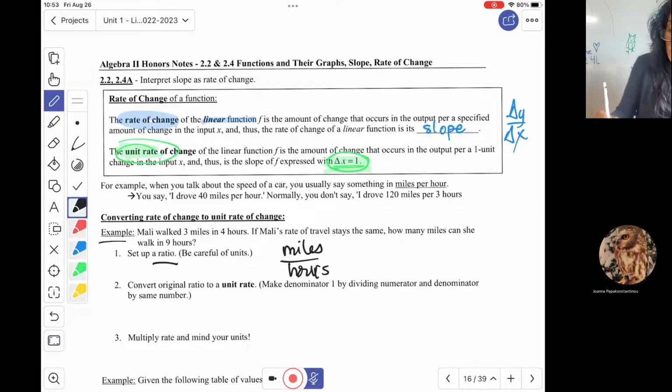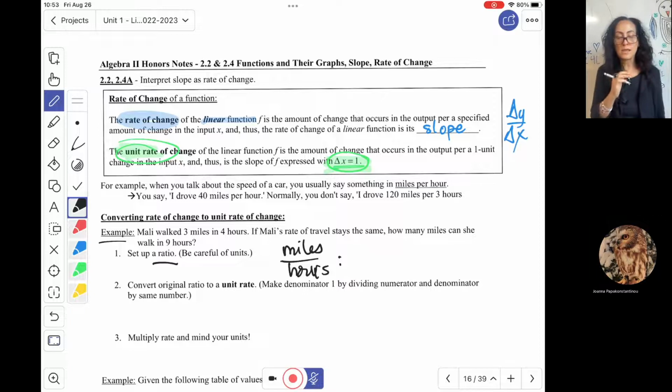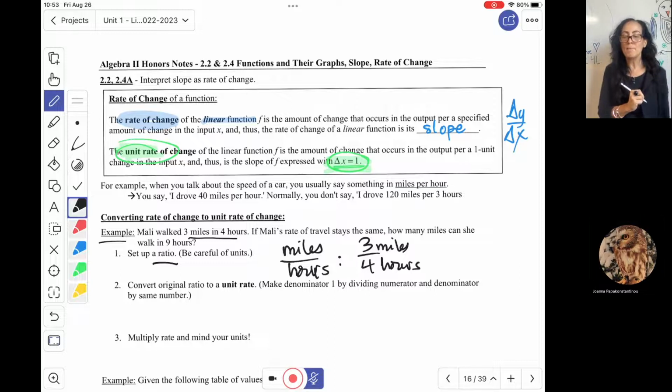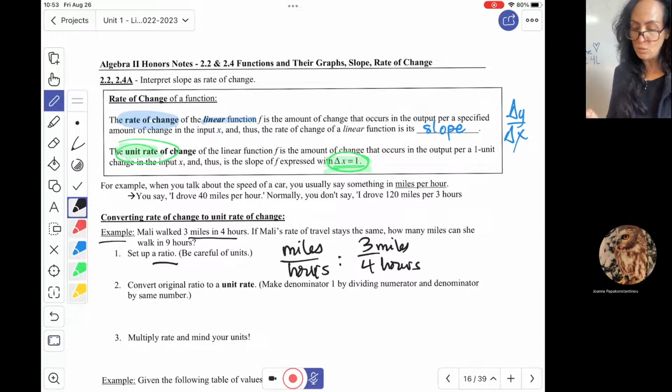So that's my ratio. Given the information, 3 miles for every 4 hours, I can set up 3 miles for every 4 hours. But I don't want to know how many miles she can walk in 4 hours. I want to know how many miles she can walk in 1 hour.